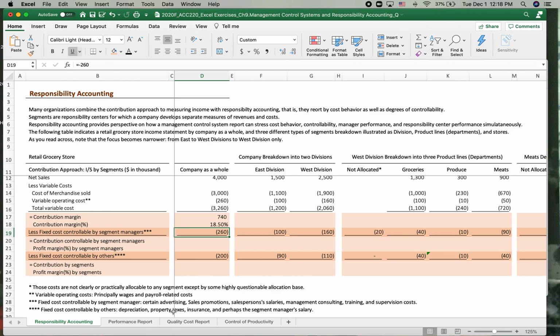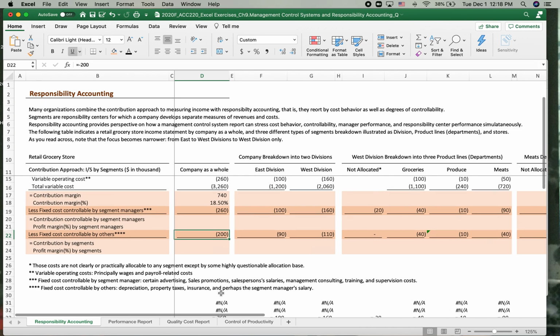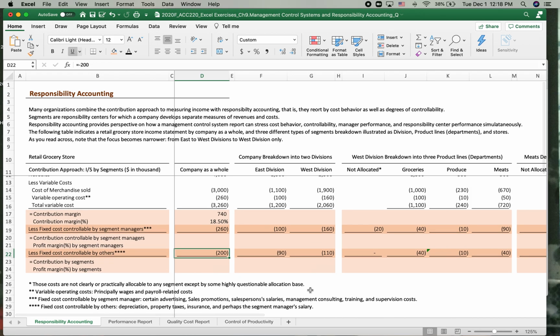You may remember that is the discretionary cost that the segment managers can control. But the fixed cost controllable by others, $200, for example depreciation, property taxes, insurance, perhaps the segment manager's salary, those are not controllable costs, which are committed costs.